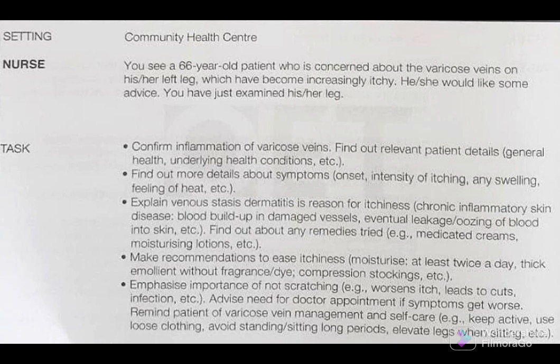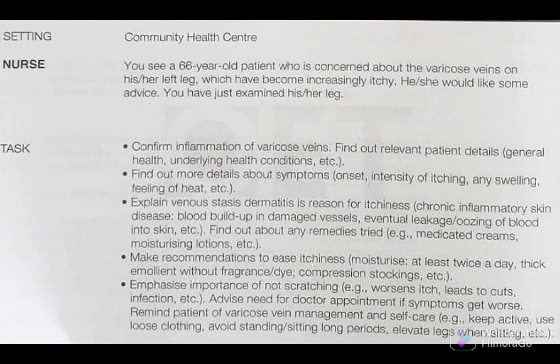So in this scenario, we cannot self-introduce ourselves, and we cannot ask their name, as in the previous way, because this is a different scenario. You have just examined his or her leg. That means you have already started the conversation and you are in the middle of it, because you have already examined the patient's leg.